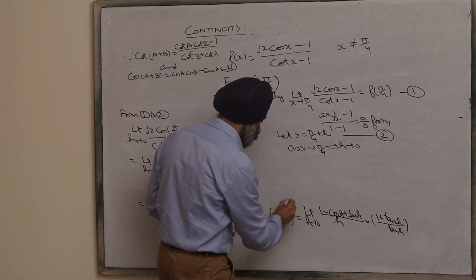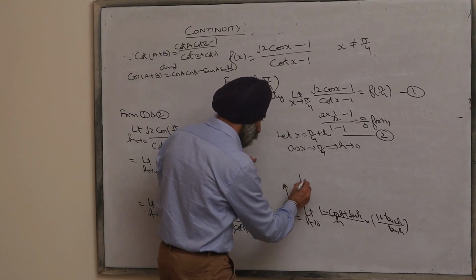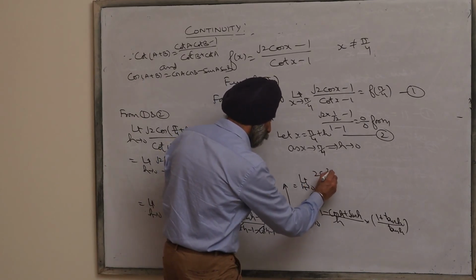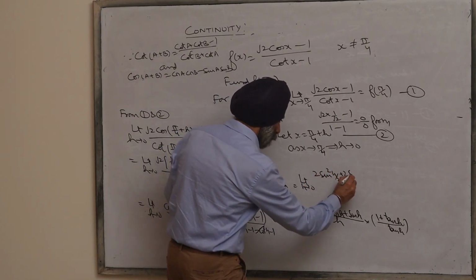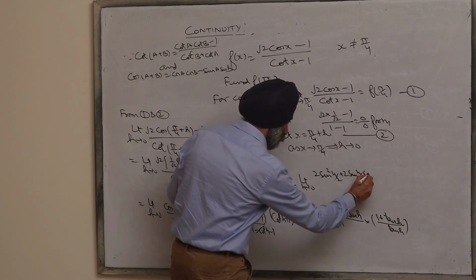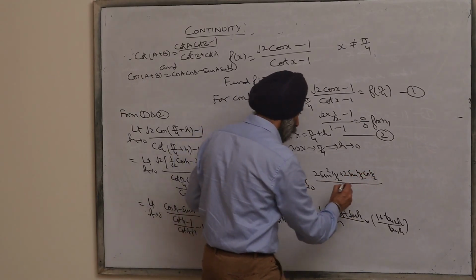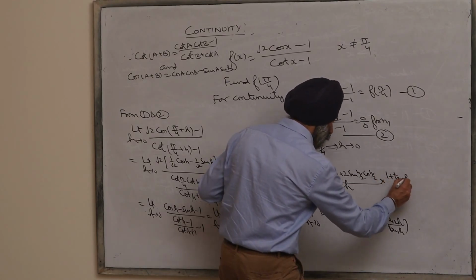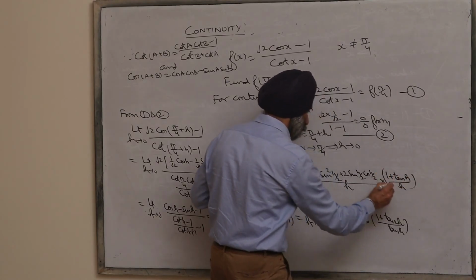To simplify this, can I write this as limit h approaches 0, 1 minus cos h is 2 sin square h by 2, plus 2 sin h by 2 into cos of h by 2, upon h into (1 plus tan h upon h).